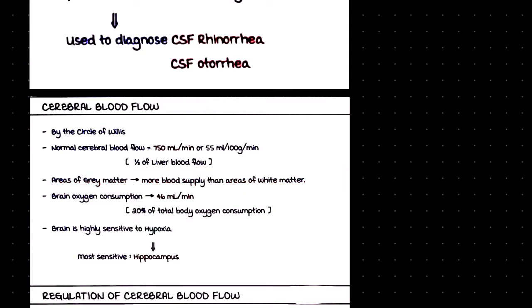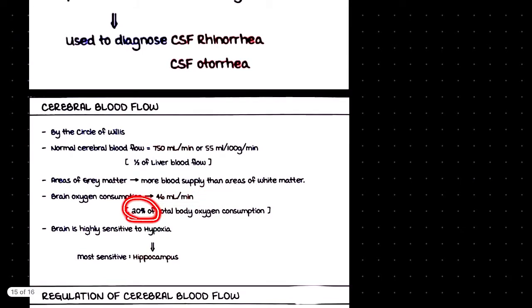The brain oxygen consumption is about 46 milliliter per minute, and it is about 20% of total body oxygen consumption. That means out of 100% of oxygen that is consumed by the body, 20% is consumed in the brain. Okay, so the brain is highly sensitive to hypoxia, right? And the most sensitive site is the hippocampus.